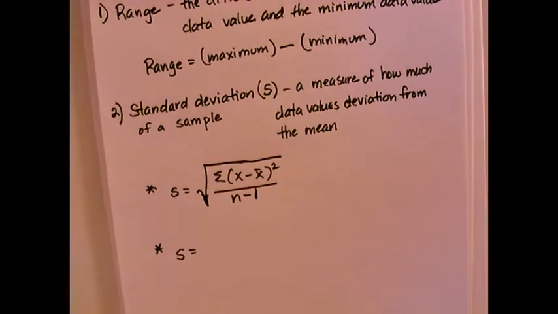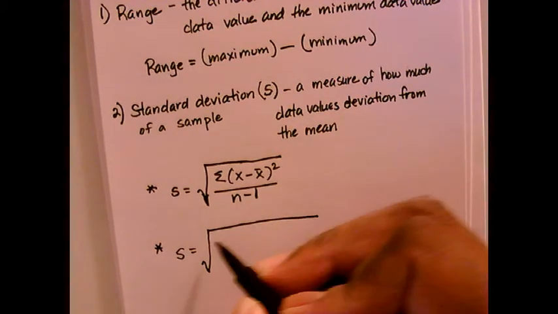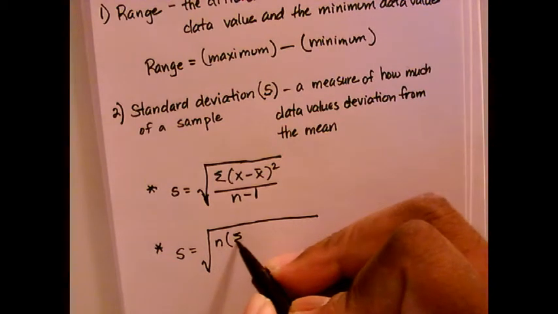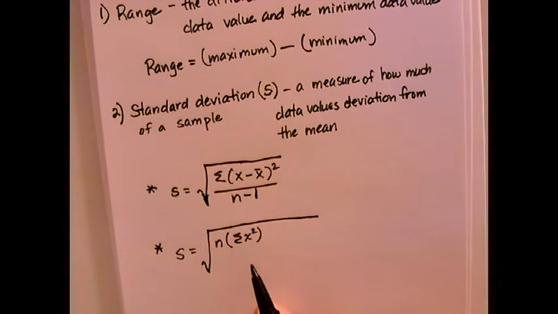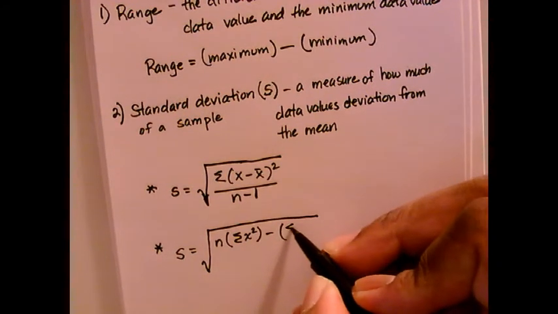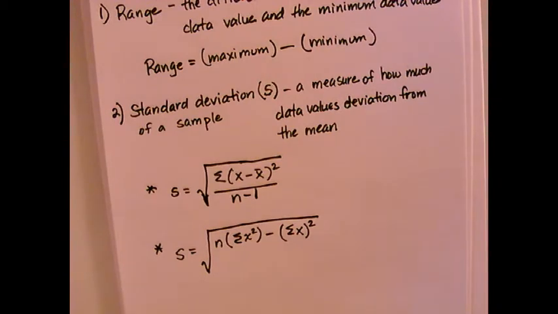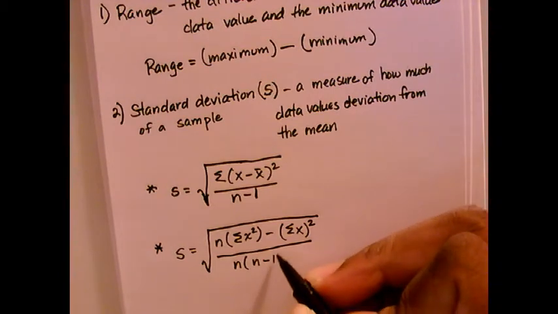Here, s is equal to the square root of n, the number of data values that you have, multiplied by the summation of x squared, that is, you square your x's and then take the sum, minus the square of the sum of all your x's, and then all that is divided by n times n minus 1.